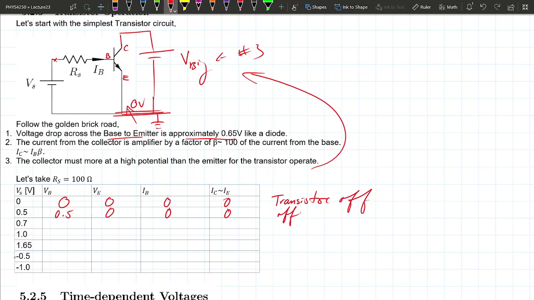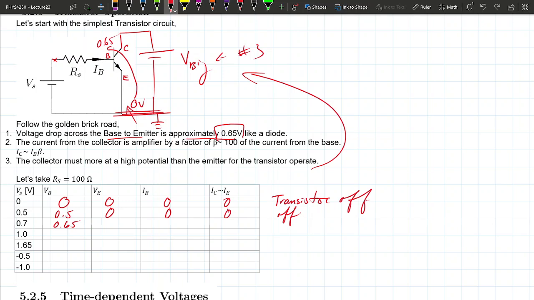So in this case, we're going to enforce the fact that the voltage difference between the emitter and the base has to be 0.65. That means from here up to here, there has to be a 0.65 difference. That means the voltage at the base has to be 0.65, right? Does that make sense?